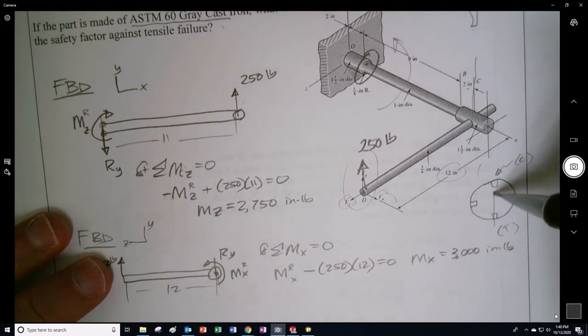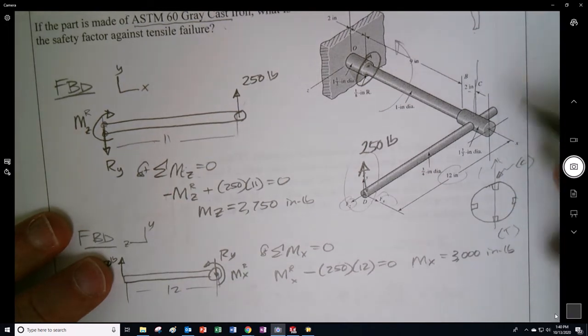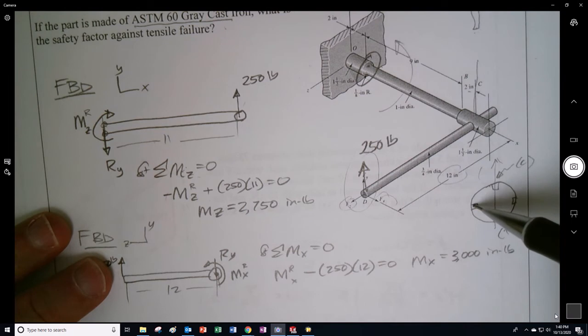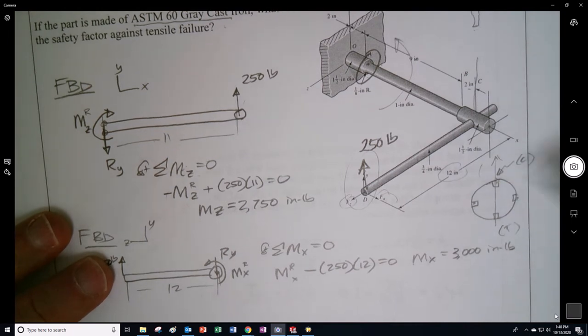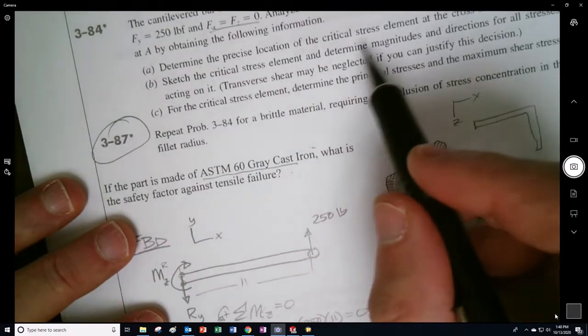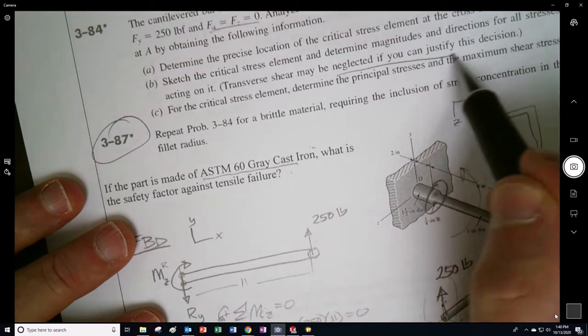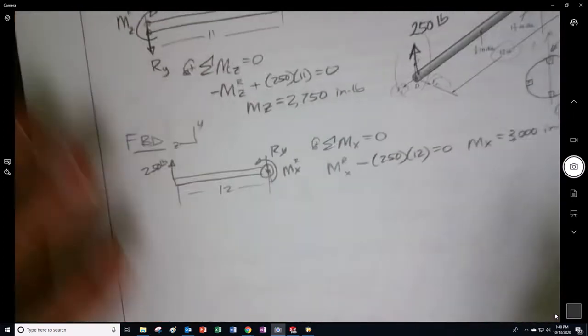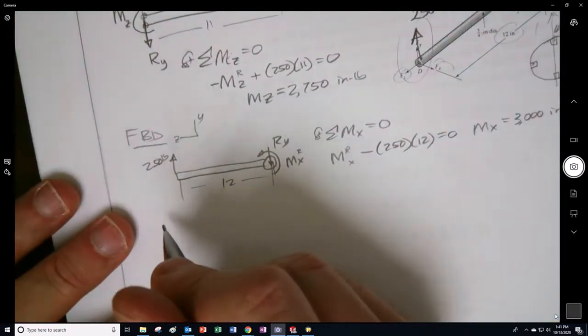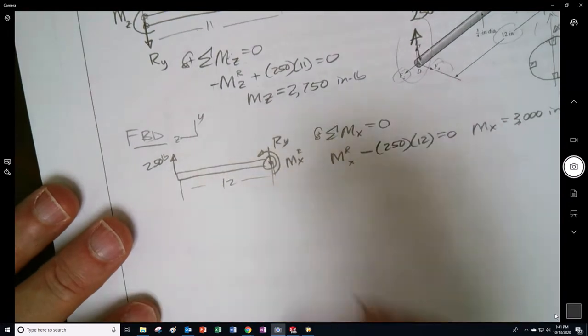But that force is coming upwards across the thing. So it's going to have transverse shear here and transverse shear here. But it's going to be 0 here and here. So we can ignore transverse shear. That's what they're saying: you can neglect it if you can justify this decision. Right, that's our justification of the decision.